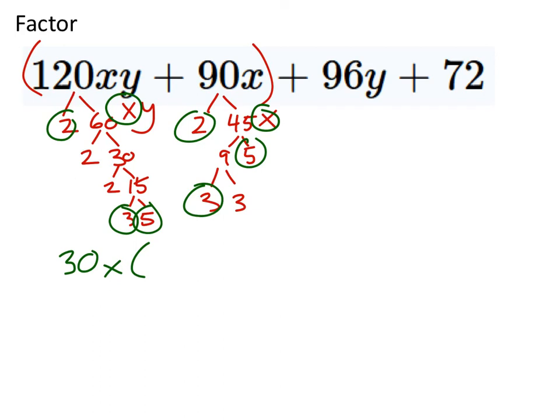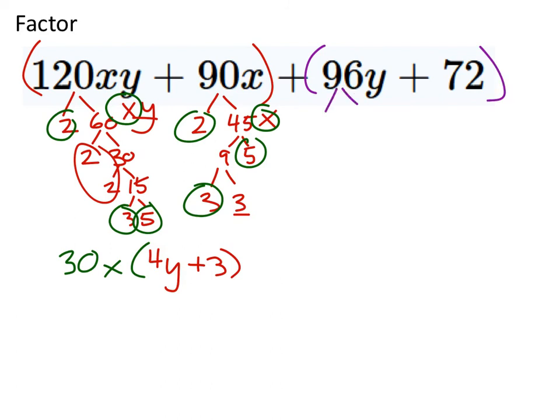I apologize, 30. That makes a lot more sense now. So what did we have left over? 2 times 2, which is 4. And then the y. And then over here, I just have a positive 3. And we've seen that 4y plus 3 already, right? Let's continue with that, and then hopefully it'll make a little bit more sense.